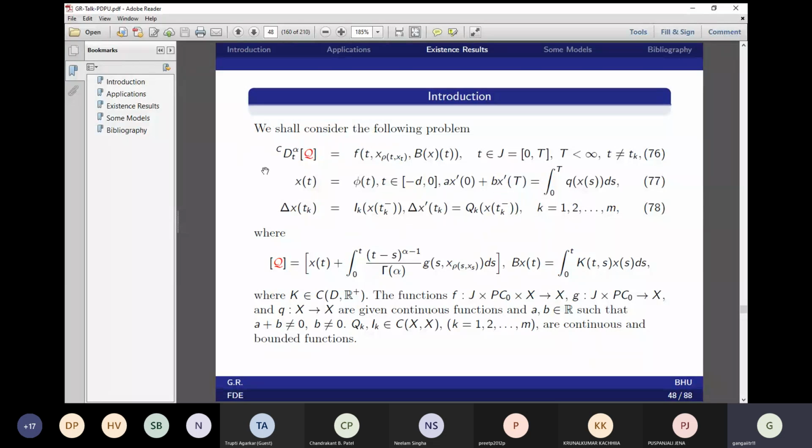So this is an impulsive fractional order neutral delay differential equation, which is found in many areas.